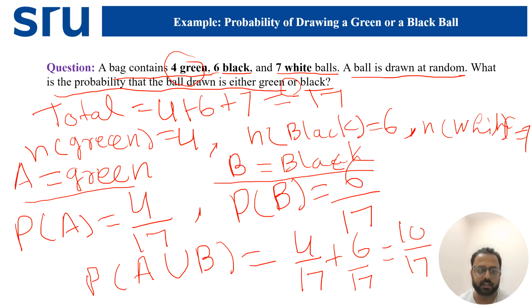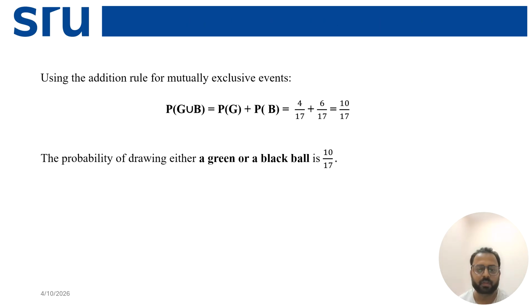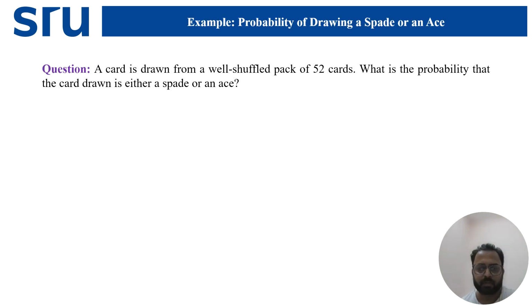Now come to the next problem. So next problem is based on selecting a card. A card is drawn from a well shuffled pack of 52 cards. What is the probability that the card drawn is either a spade or an ace?